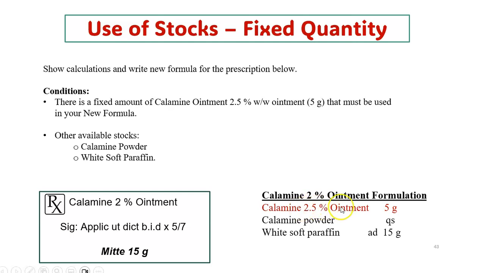A stock ointment can be the source of a drug, as well as the pure powder. In pharmaceutical calculation and pharmacy practice, calamine pure powder is treated as 100%. Once it is diluted with something, it's given a concentration that gives it its identity.